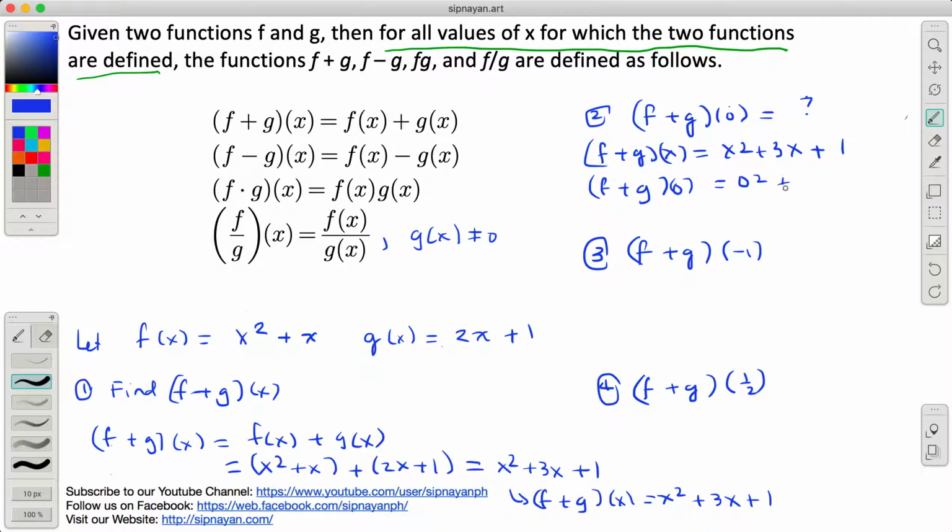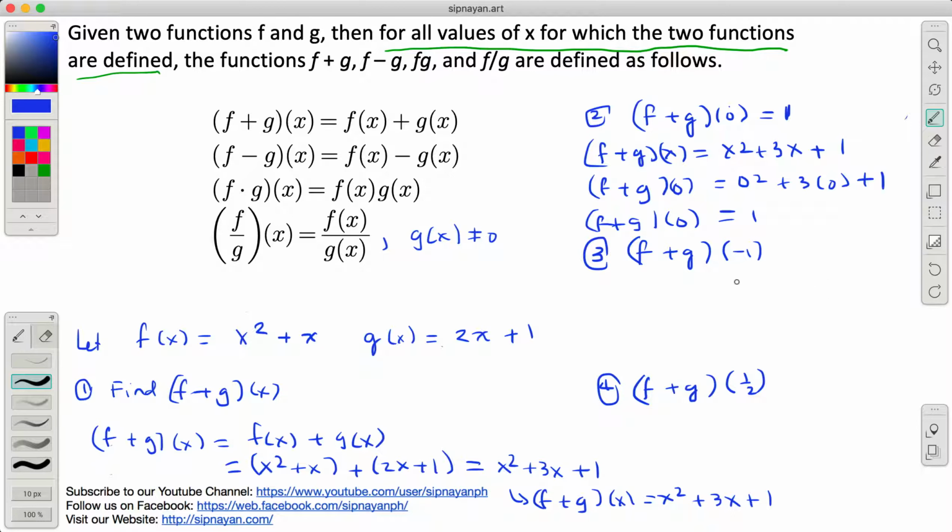So, 0 squared plus 3 times 0 plus 1. That's 0, 0, 0, so the answer is 1. F plus g of 0 is equal to 1.